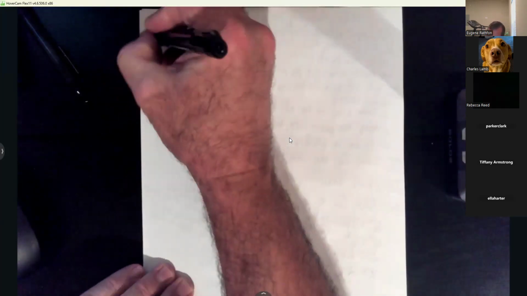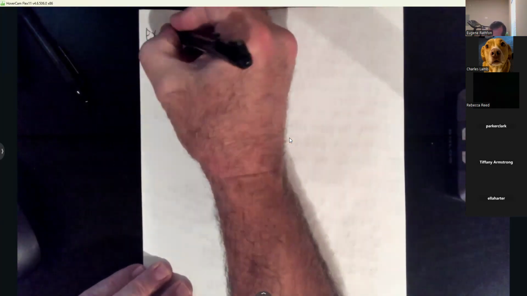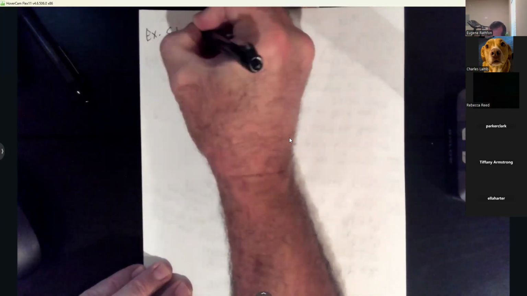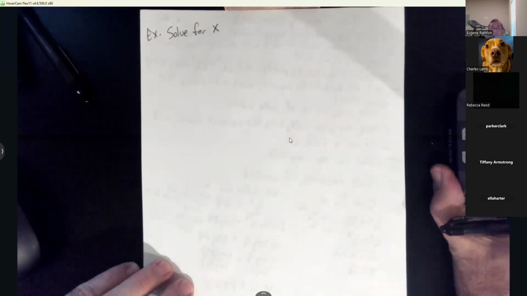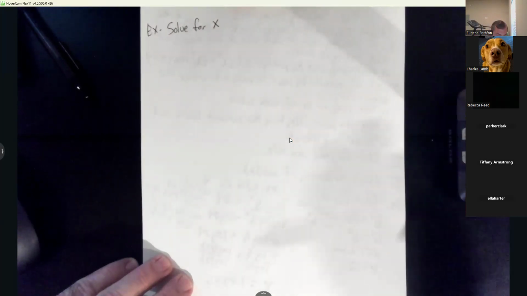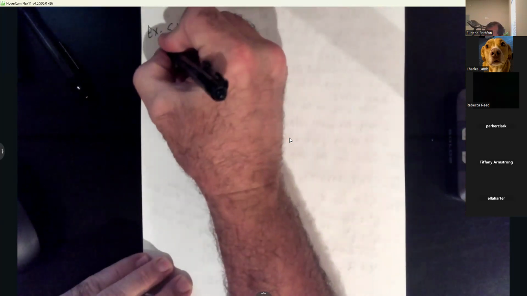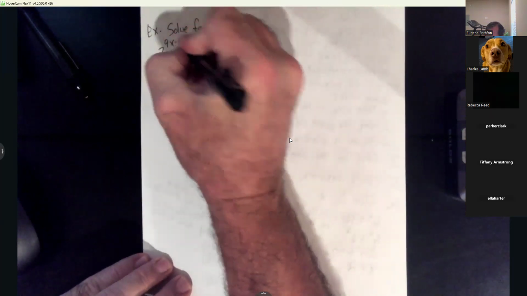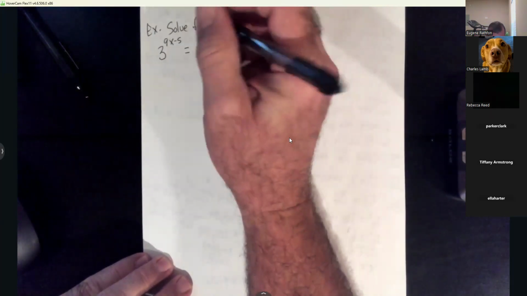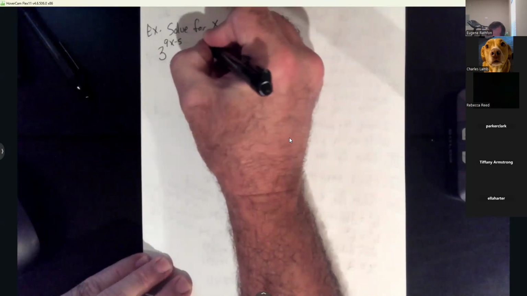All right, so for my next one, y'all, same thing. Solve for x. So on this one, I'm giving 3 to the 9x minus 5. That's going to equal 81.